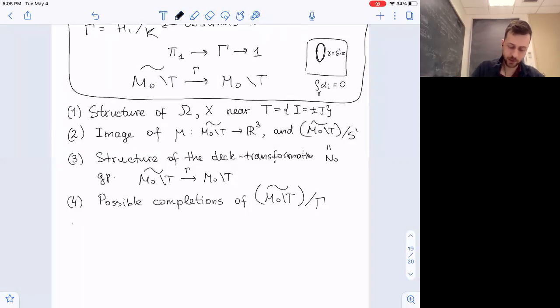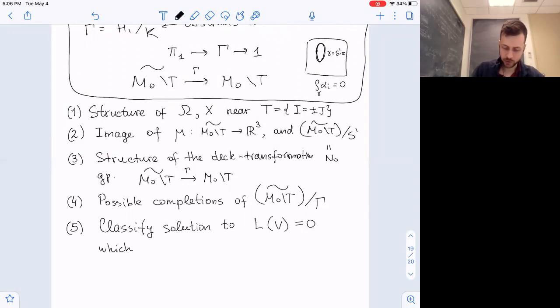And that will be the final step: classify solutions to LV equals 0, which give rise to complete rank 1 solitons. So I write it in vague terms. I will maybe specify it if I have time.